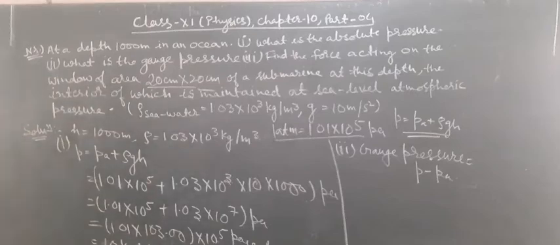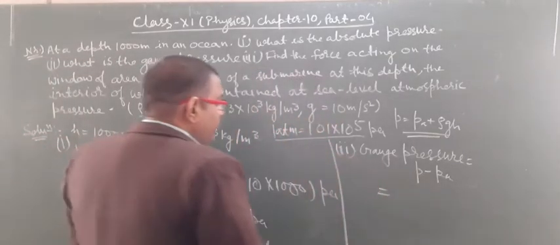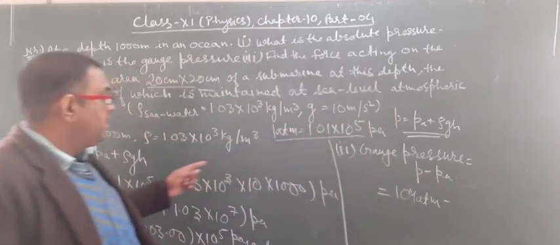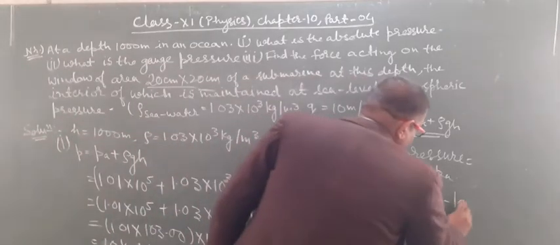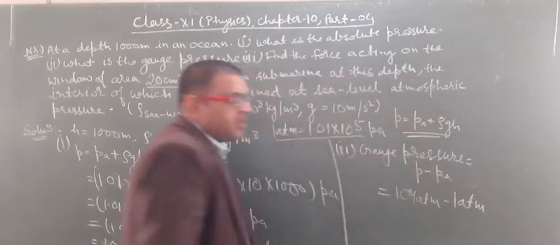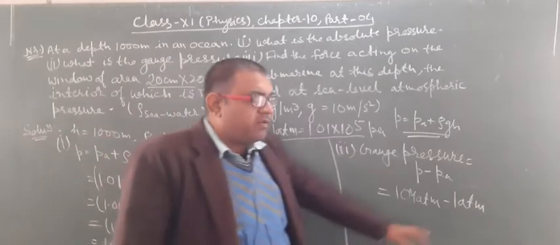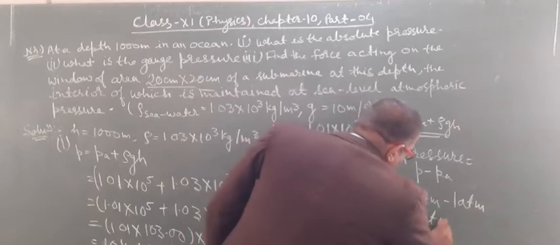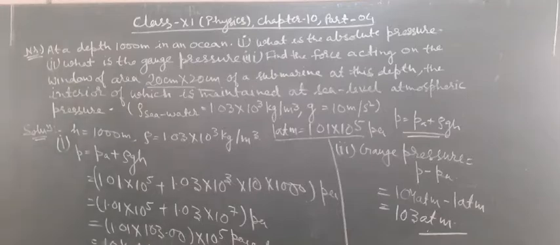We had calculated the value of P is equal to 104 atm. 104 atm minus Pa. Pa is the atmospheric pressure and its value is 1 atm, which is exerted on the surface of the liquid. So it is equal to 104 minus 1, that is 103 atm. So gauge pressure is equal to 103 atm.